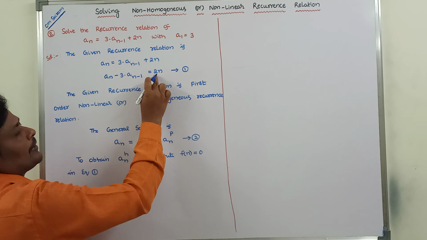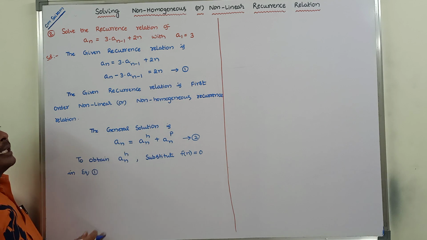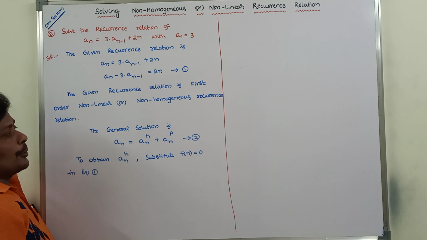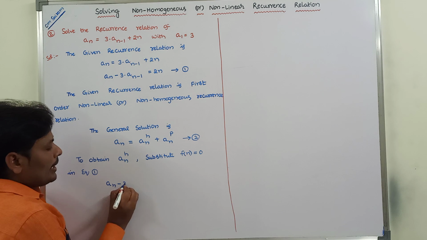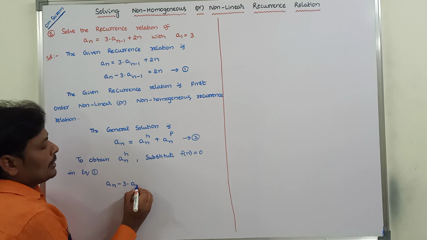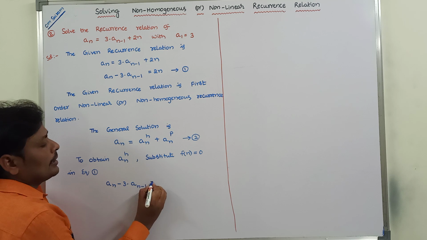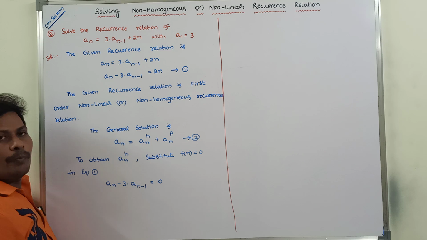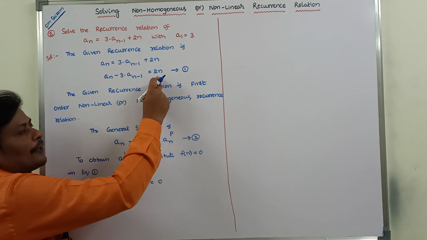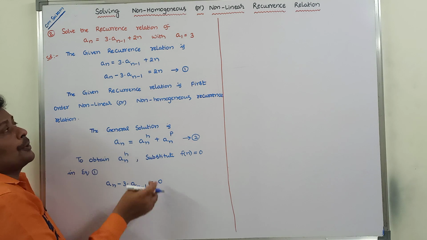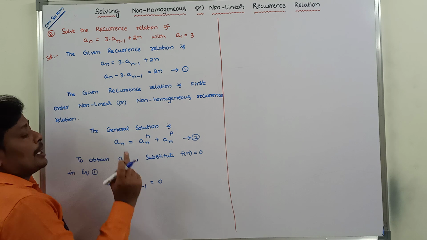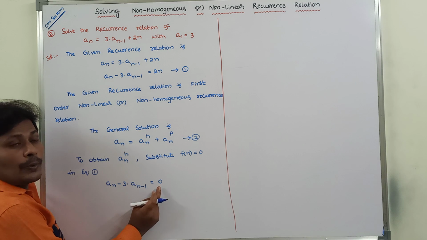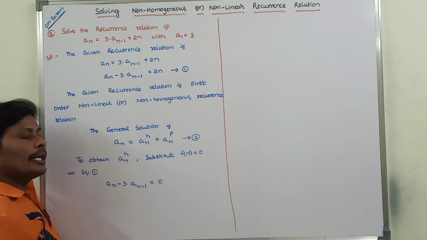In the place of f of n, 2n is there, and in the place of 2n we are substituting the value 0. Then a suffix n minus 3 into a suffix n minus 1 is equal to 0. Hence, substitute the 2n value equal to 0 in equation 1.